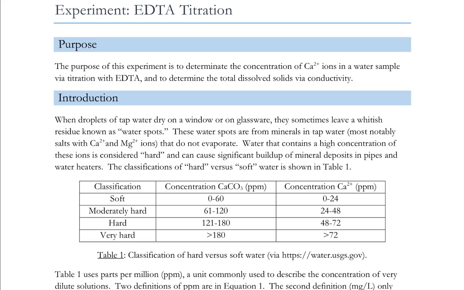So it's grams, it's not moles that are in ppm. That's why the concentration of calcium carbonate in soft water, let's say, is 60, versus if we had just the calcium ion concentration in that soft water, it would be 24, because the molar mass of calcium is less than that of calcium carbonate.